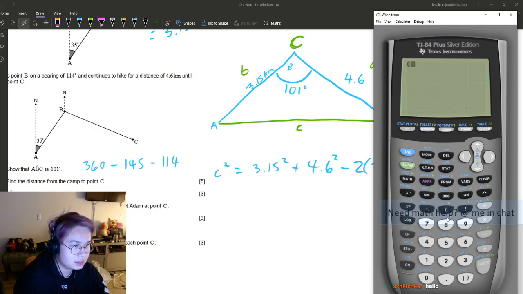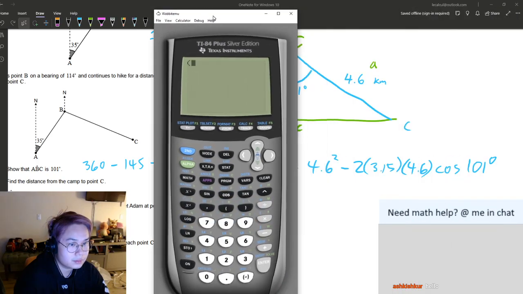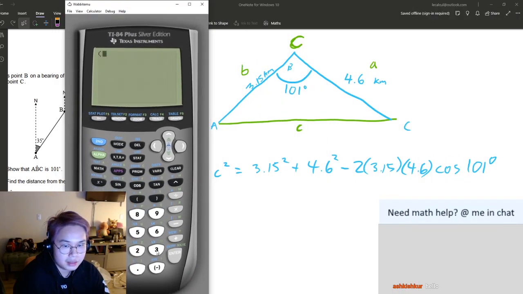Alright, so 3.15 squared plus 4.6 squared. Subtract 2 times 3.15 times 4.6 times cosine 101.